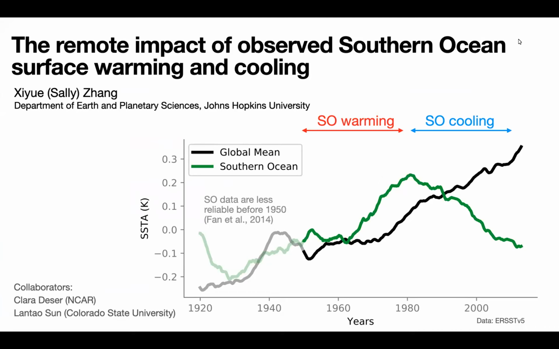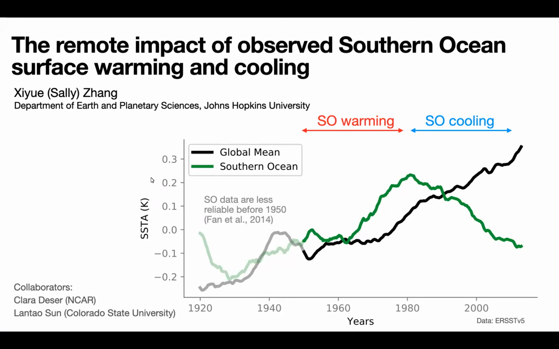So it's going to be less theoretical than the previous talks, but I'm going to start by showing the observed time series of SST anomalies for both the global mean and the Southern Ocean. The global mean here is shown in black, and the Southern Ocean is shown in green.